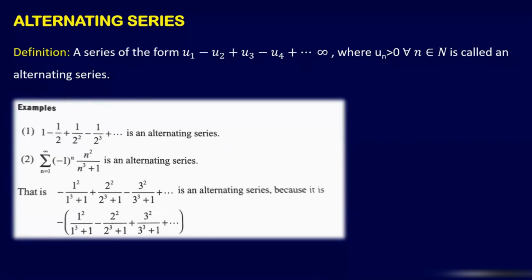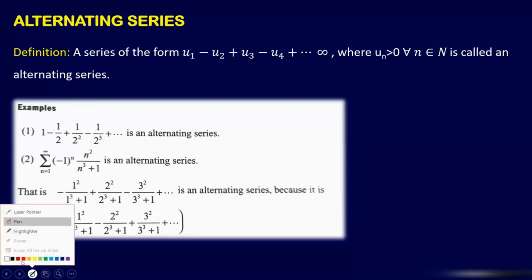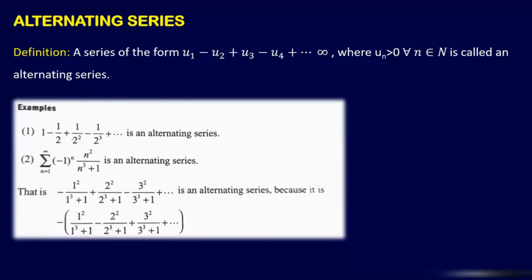Now see, you can find some examples here. Look at the first one: 1 minus 1 by 2, then plus 1 by 2 square, then minus 1 by 2 cube. If you write it in general, we can write it like this. We are quite comfortable with this kind of series. When you look at all these terms, one part is clear: 1 divided by 2 to the power of n. This is your nth term, right?